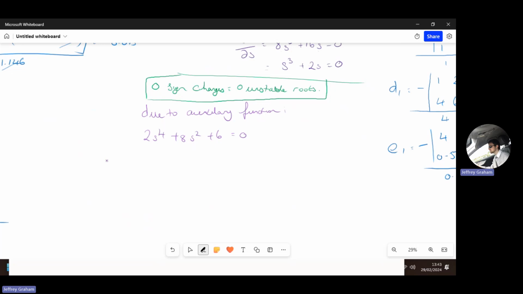The first thing we need to do is make a substitution. Pick any letter you want, but obviously don't confuse it. So x is a nice one to make in this case, and then the substitution has to be s squared. So our equation now looks like this.